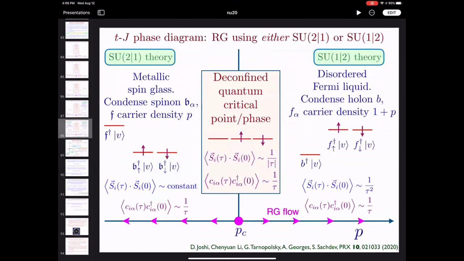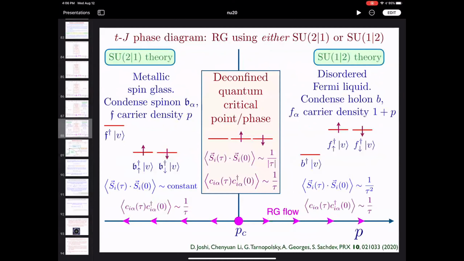It's a surmise here based on the RG. So there's an RG flow away from this fixed point.